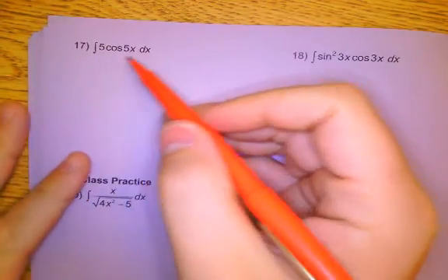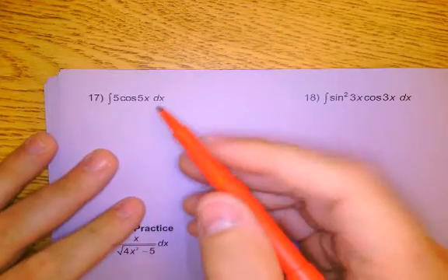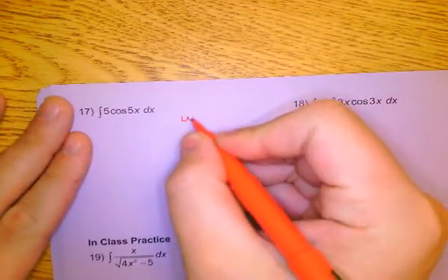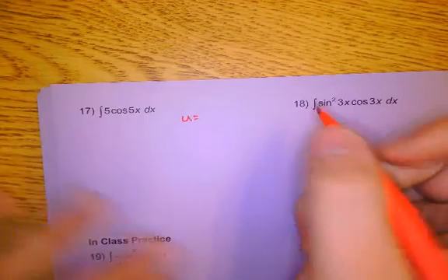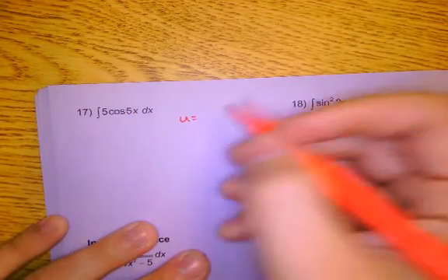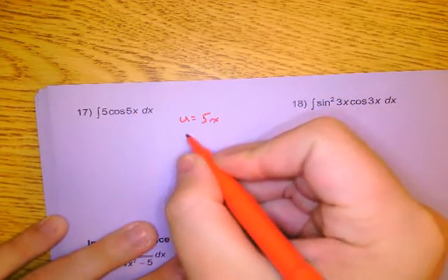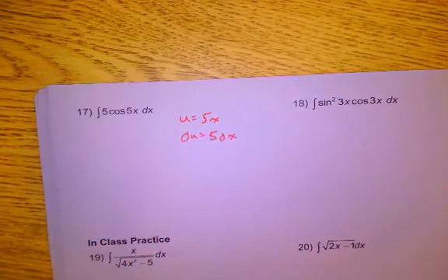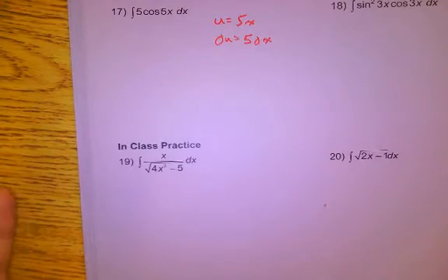Okay. So for 17, there's not really another function here. So our u is going to be very simple. Our u is just going to be the inside of cosine, which is 5x. So du is equal to 5 dx. So we're not getting rid of a function.